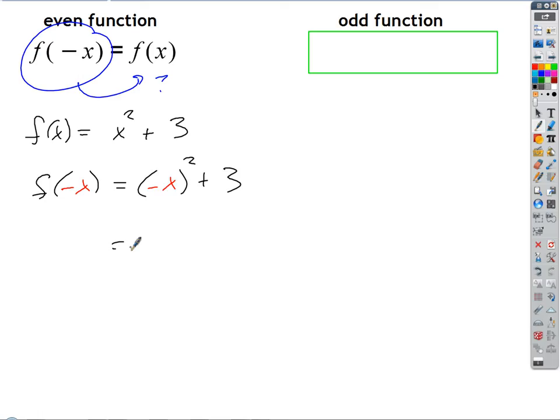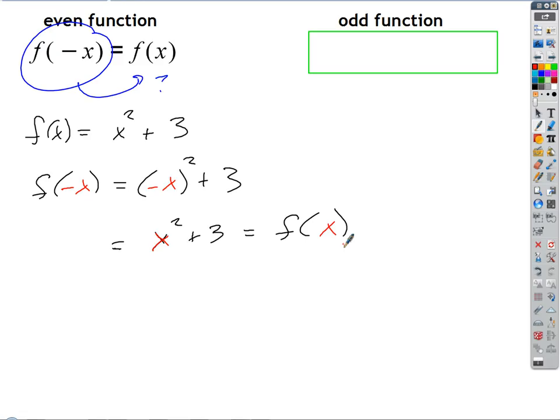It's just x squared, isn't it? Everybody agree? So this gives me x squared plus 3, and isn't that just f of x? See what I'm saying? So f of minus x ends up equaling f of positive x. So it's even.